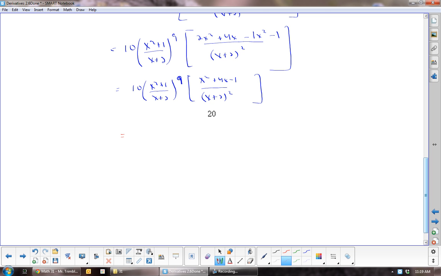Now, I would probably accept it here, but we always want to think about, well, what if I look at the multiple choice and I still don't have that? This is the same thing as (x squared plus 1) to the 9 over (x plus 2) to the 9. And then I'll be able to do closer to what you were saying. And this is still x squared plus 4x minus 1 over x plus 2 squared.